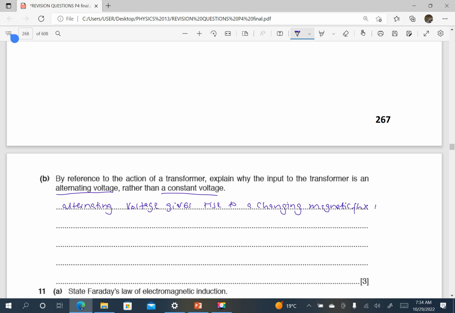To a changing magnetic flux in the core.